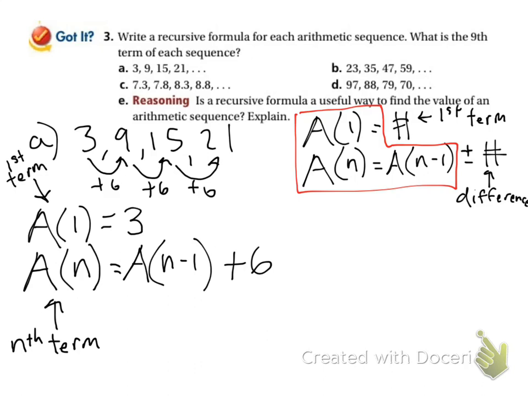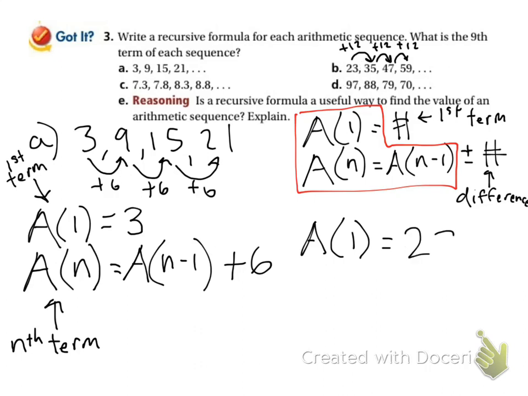So let's try one more. We'll try example B there. So it's going up by 12, going up by 12, going up by 12. First I need to have that A of 1 equals, what was my first term there? 23.